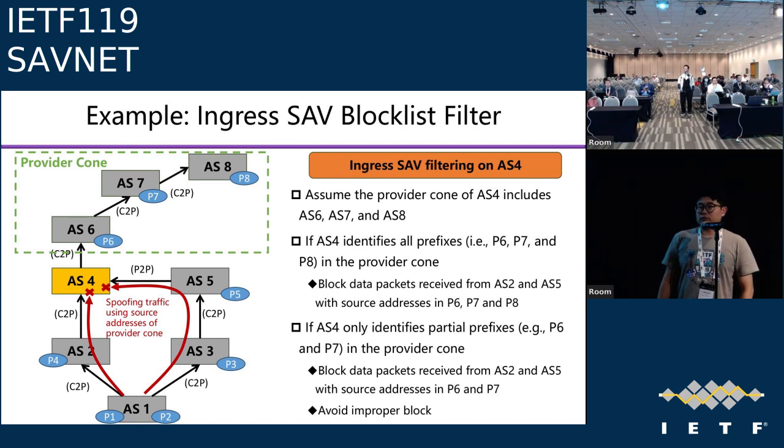If you have that, that would be okay. And I have another question: will this method introduce too much overhead on the data plane on AS4 routers, because we may have a very big provider cone? I mean data plane overhead.